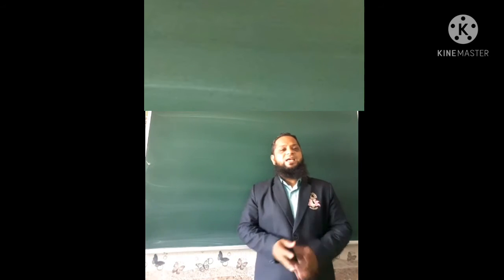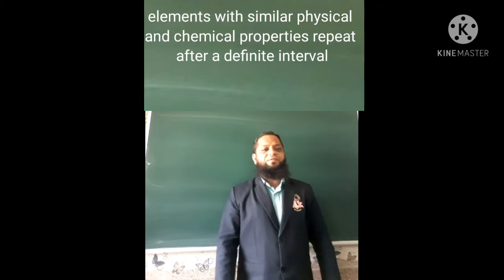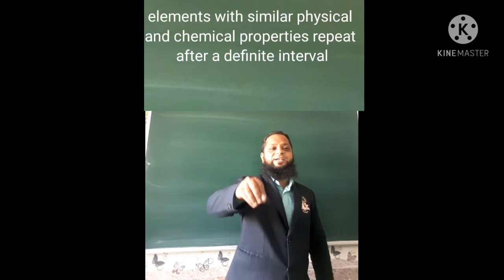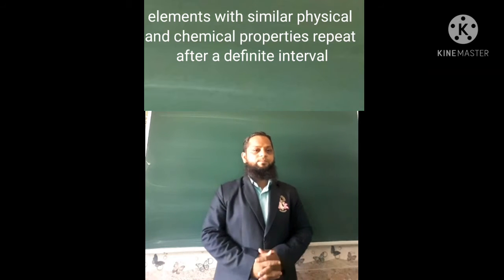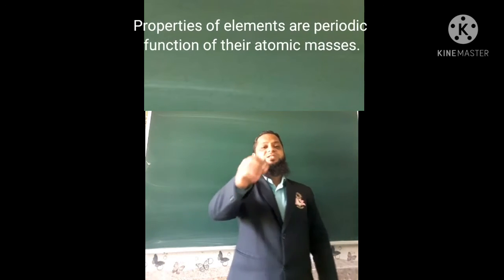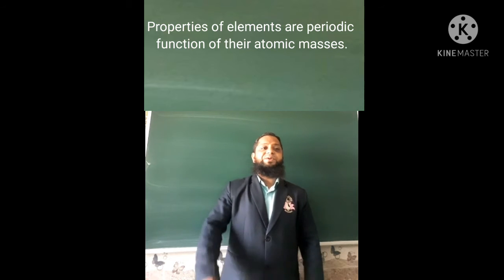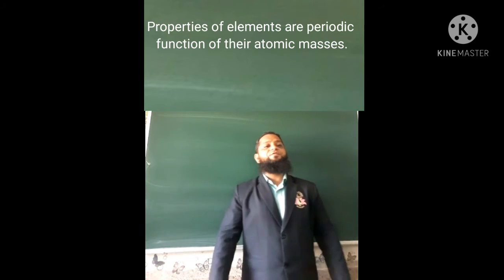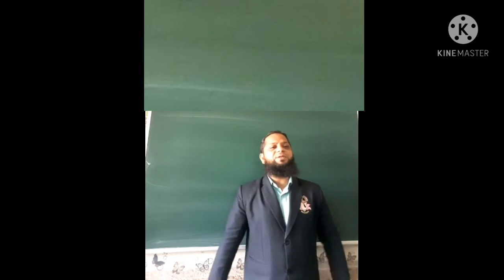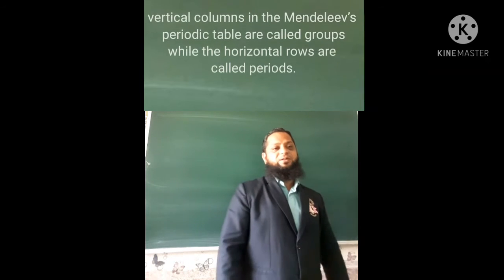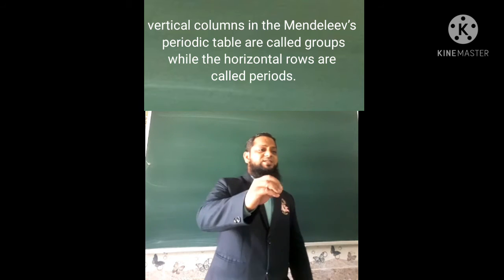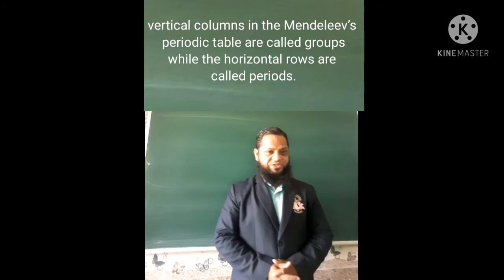Mendeleev found that elements with similar physical and chemical properties repeat after a definite interval. Mendeleev stated that the properties of elements are a periodic function of their atomic masses. The vertical columns in the Mendeleev periodic table are called groups, while the horizontal rows are called periods.